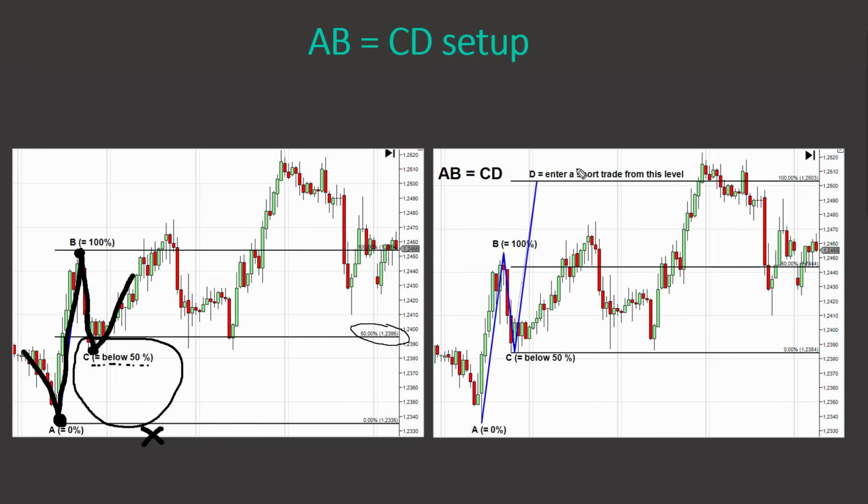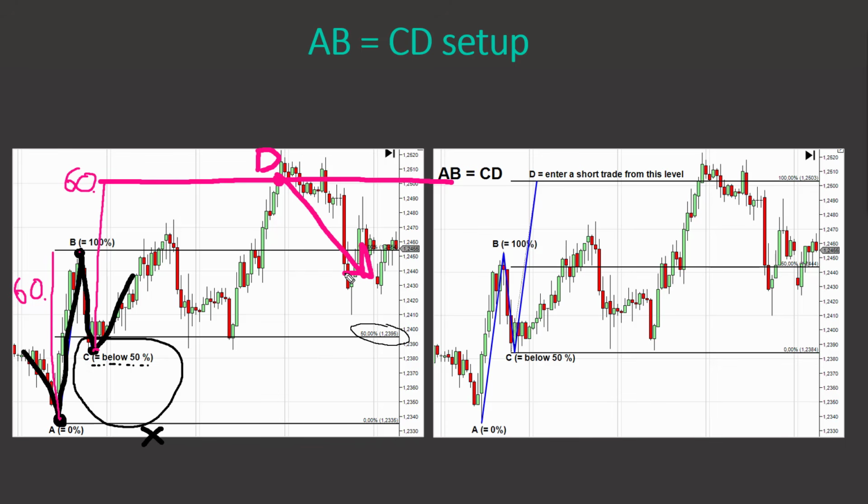So that's the C. So what you do is you measure the distance from A to B. Let's say in this case, for example, 60 pips. What you do next, from point C, you measure those 60 pips, and this is your resistance. This is the D, right? So you go short from there.